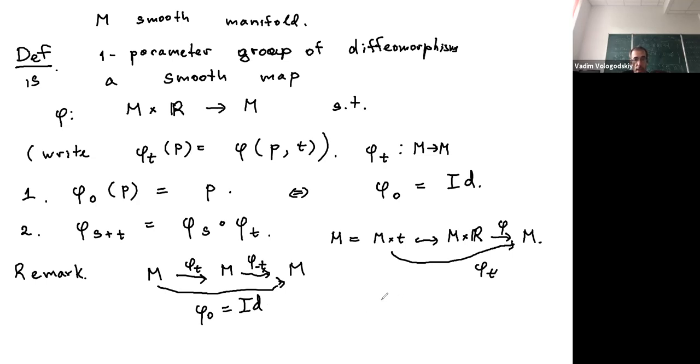So that means that phi sub minus t composed with phi sub t is also equal to the composition in the other direction, phi sub t composed with phi sub minus t, and this is the identity. So that means that phi sub t is a diffeomorphism, right? It's a smooth map such that it has an inverse map, which is also smooth.